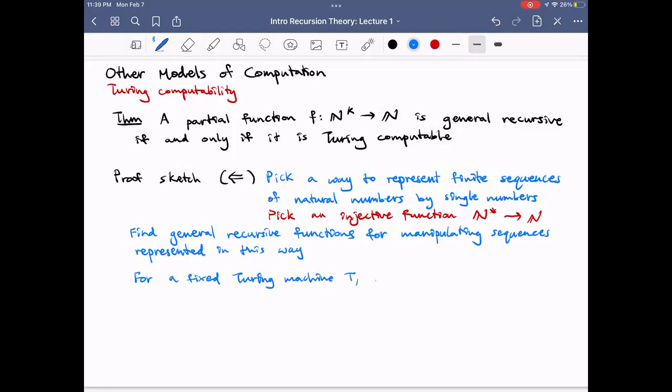So we want to write a general recursive function, or maybe I should say find rather than write, F, which does the following.